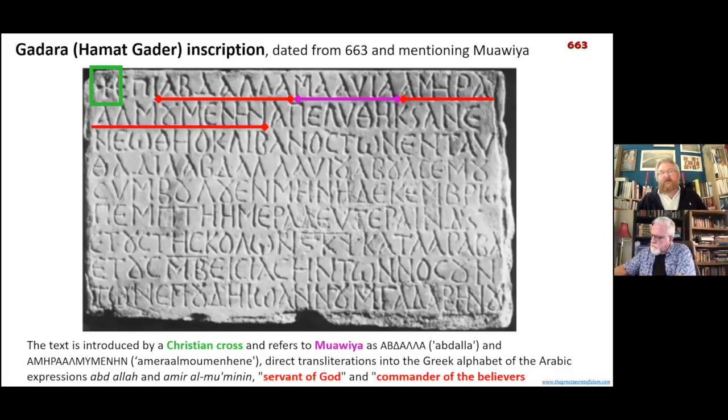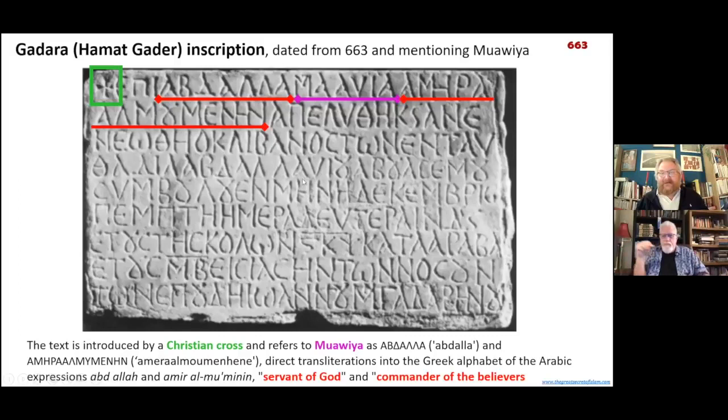The Muminin can be translated as the believers, or as the faithful, those who have given faith to something. But when you are commander of the believers, it can also mean that the believers are those who have given faith to you. So the believers might be a sort of Praetorian Guard, or those who are closer to the commander. But let's keep this in mind: Muawiyah is named servant of God and commander of the believers.